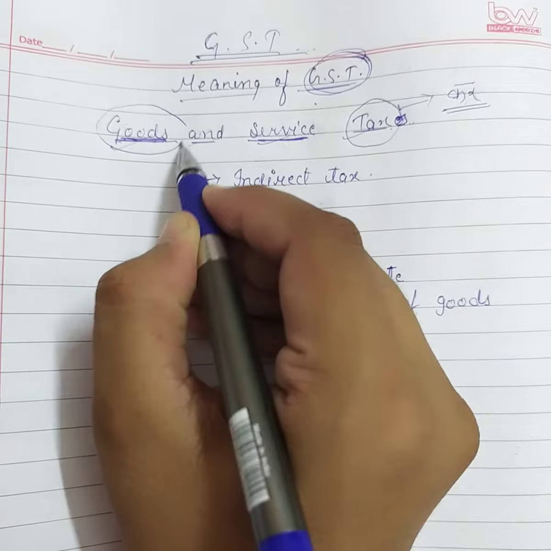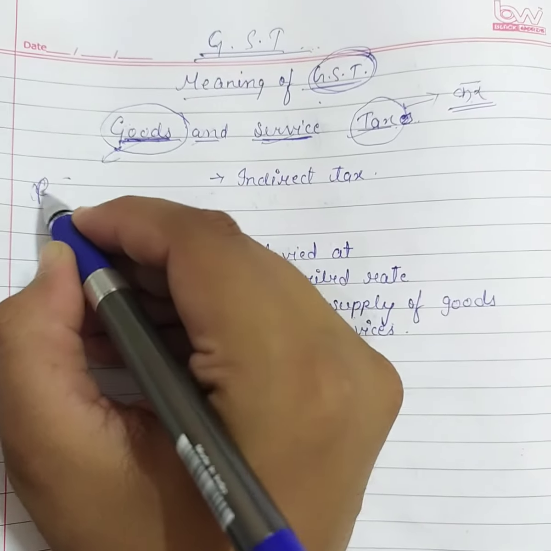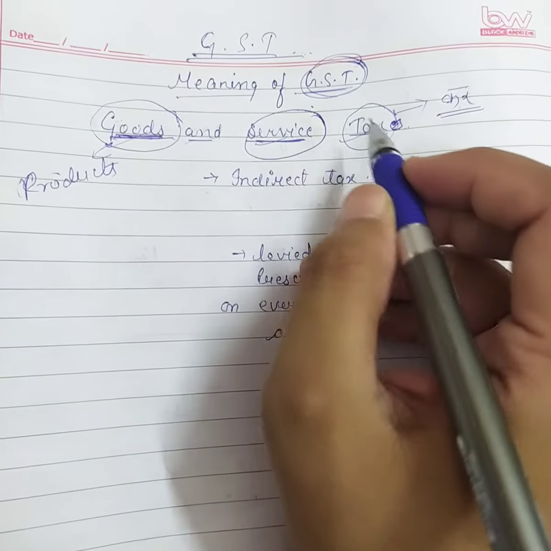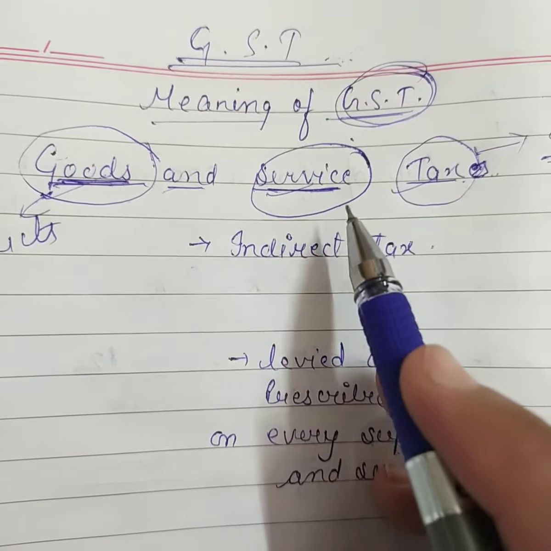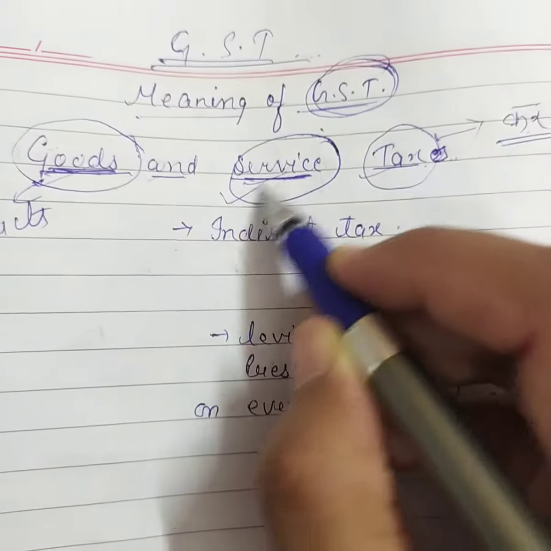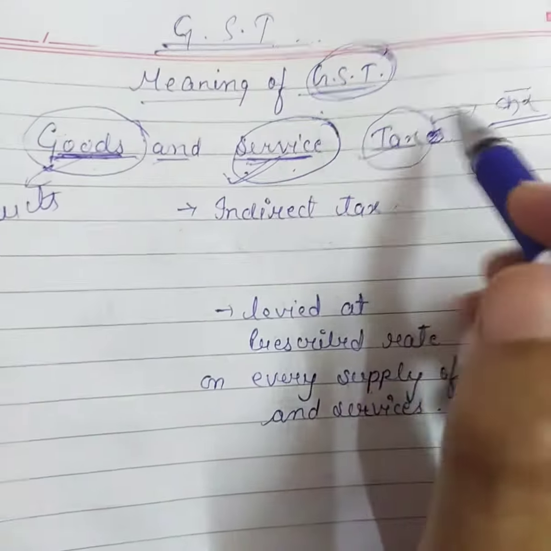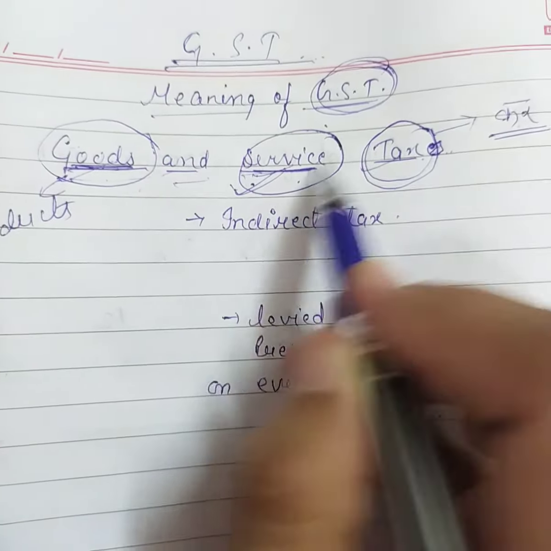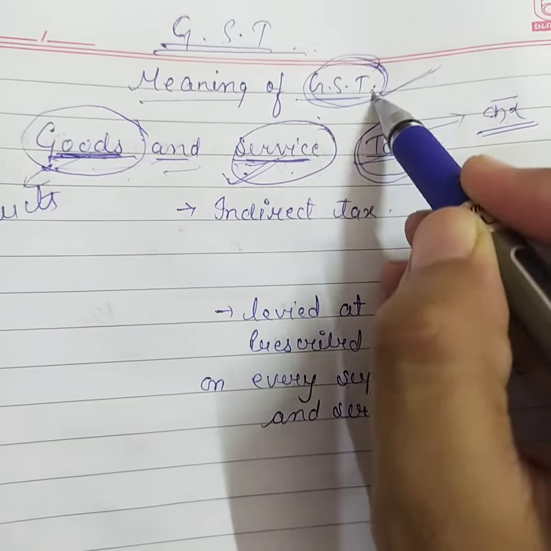So goods means product, and services, we all know that whenever anything has been done for someone with charging some amount, that is called service, and on both these goods and service a tax is imposed, and that is called goods and service tax. Okay, and in short we can say it GST.